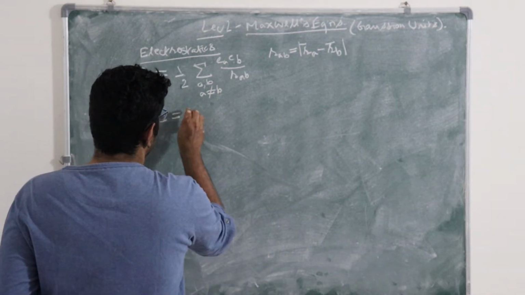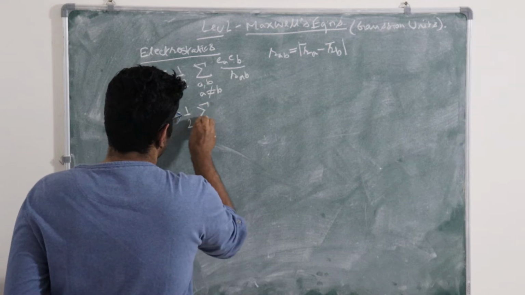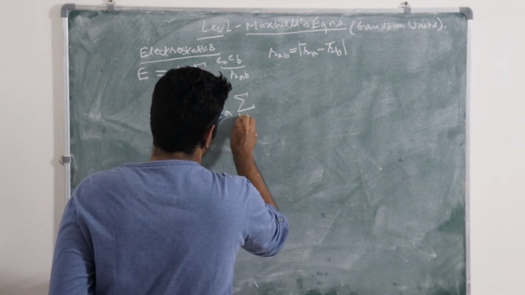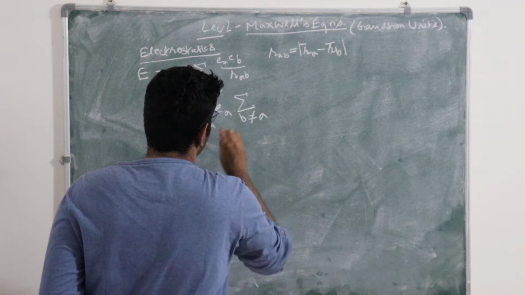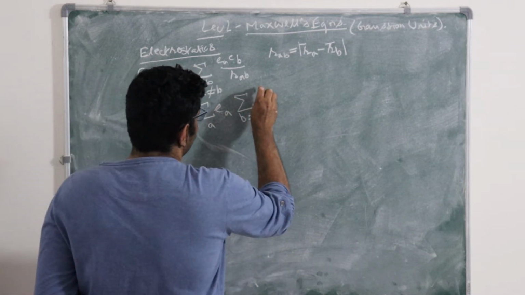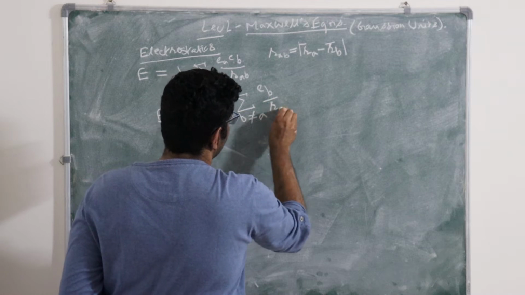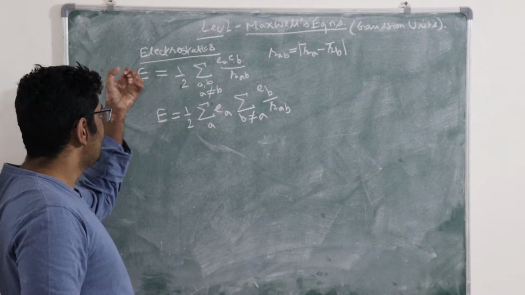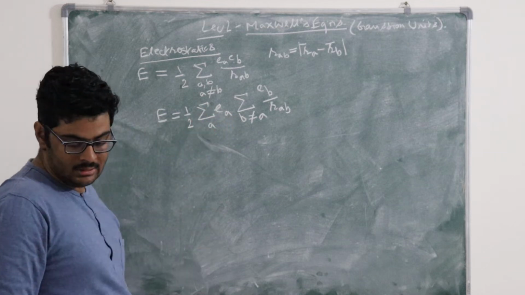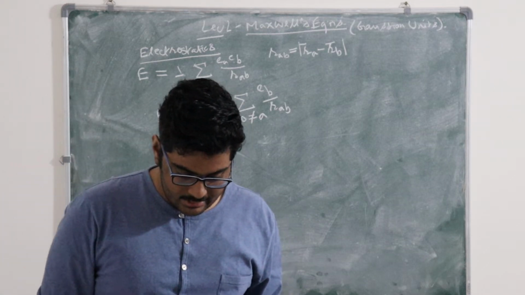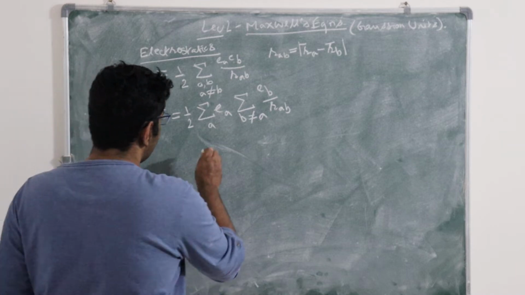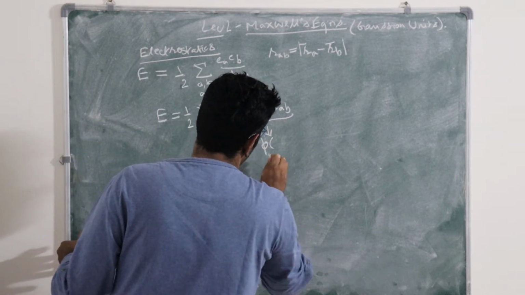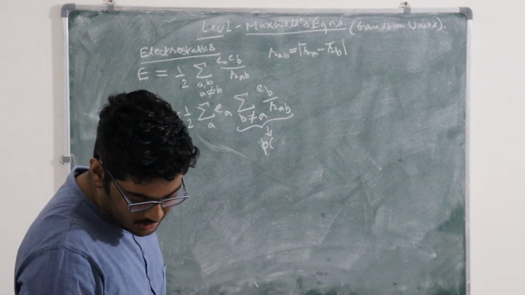I shall write it as half summation over A e_A, summation over B not equal to A of e_B by R_AB. So what I did is just pull out the summation over A of e_A from the sum, and I shall write this part as phi of A.